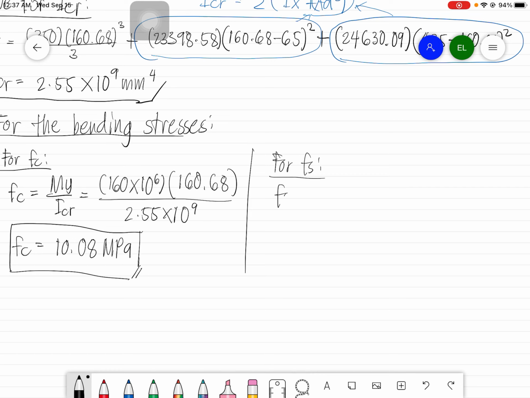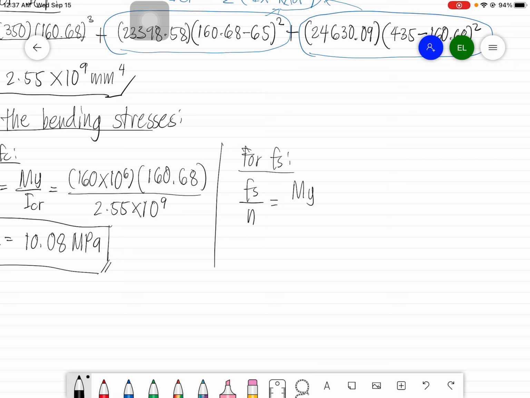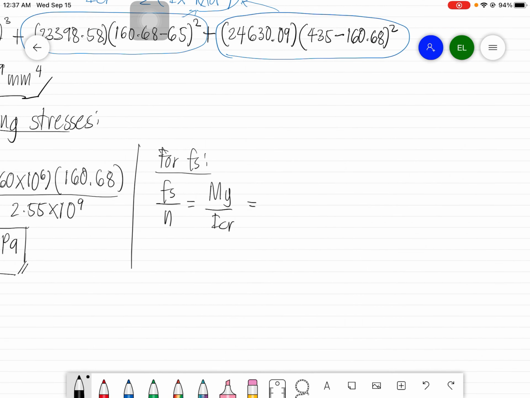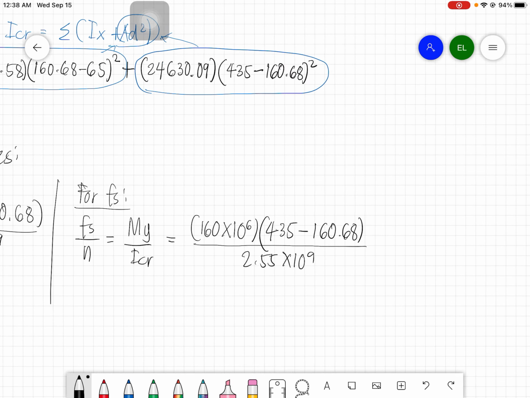So Fs over n is equal to My over ICR, wherein M is equal to 160 times 10 raised to 6, then y is as denoted earlier, this is d minus x, and d is equal to 435 minus 160.68, then over 2.55 times 10 raised to 9.